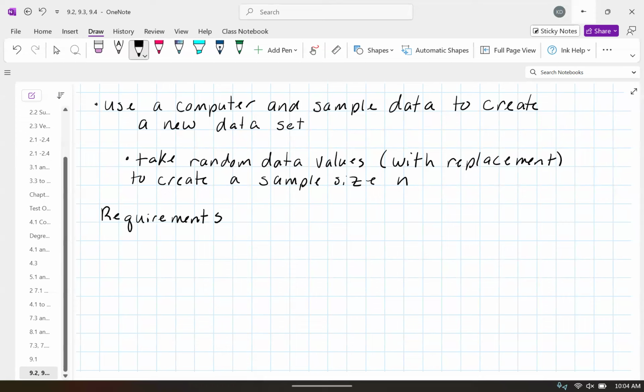I find that they're pretty not terrible. So the center of your bootstrap distribution must be close to the center of the sample data.